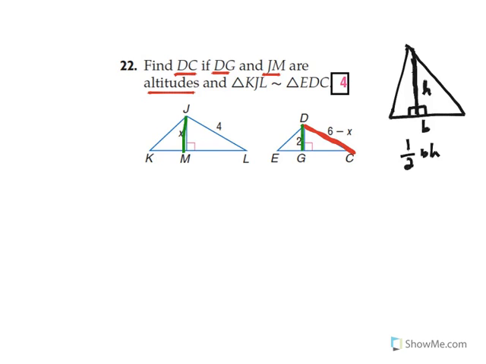So if we know that JM and DG are altitudes, they're going to form two 90-degree angles with the base, okay? So now we know that our triangles are similar because KJL is similar to EDC. All right. Now we need to find what DC is. If we know that KJL and EDC are similar, we can make a ratio in order to find the missing sides, right?